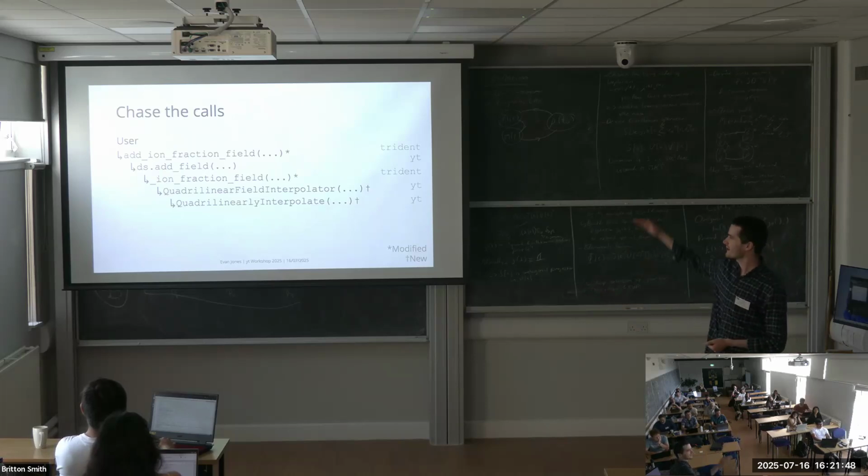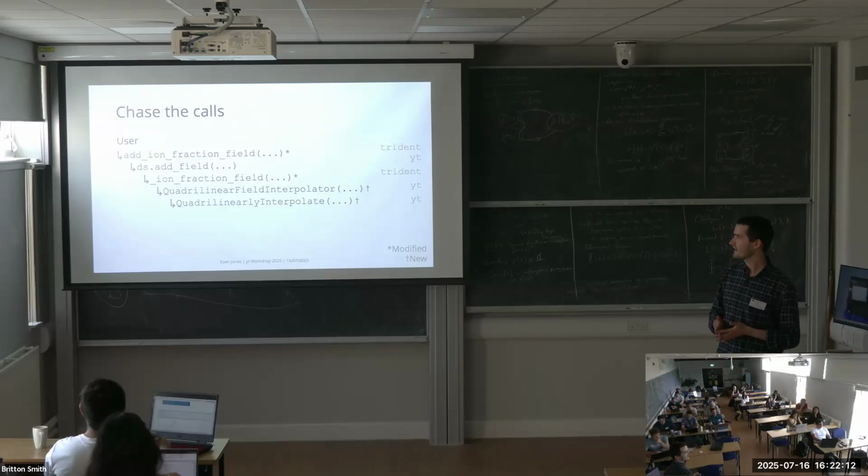So what we did, we have the call stack here of you as a user. I should say Trident is a YT extension. It generates synthetic spectra. When you want to use it, you call this add ion fraction field. It takes in this user-specified interpolation table that previously did not have a metallicity axis. We added that in, and then it calls the DS add field to add in all these new fields you're interested in.